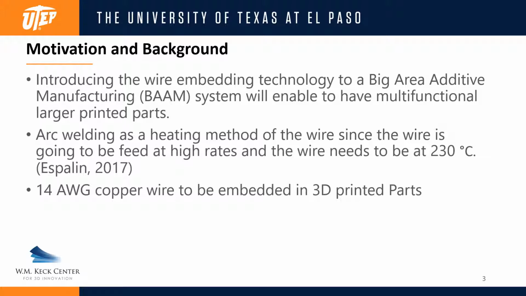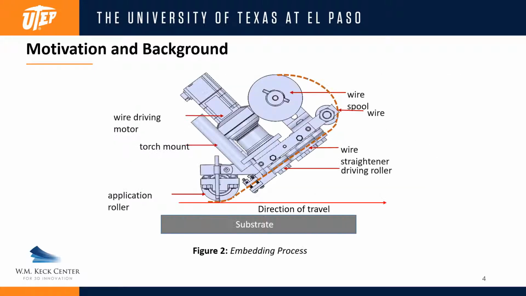So in this slide, you can observe the tool that we developed at the WM Center, which is able to place the wire into the substrate being printed on BAM. So right here we started with the spool of wire, which again is a 14 gauge copper wire.